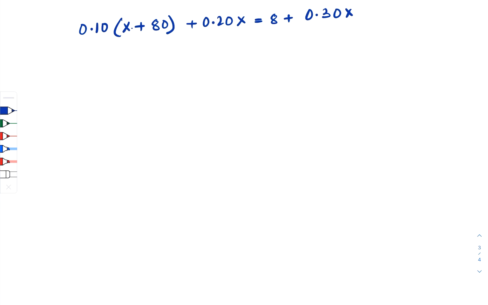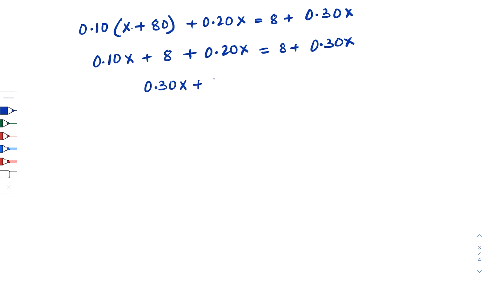So to solve this, again, I'm just going to distribute the 0.1 with the x and the 0.1 with the 80. So that's going to give me 0.10x plus 8 plus 0.20x is equal to 8 plus 0.30x.